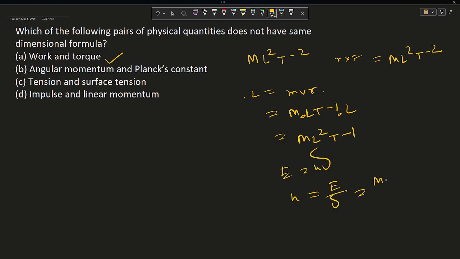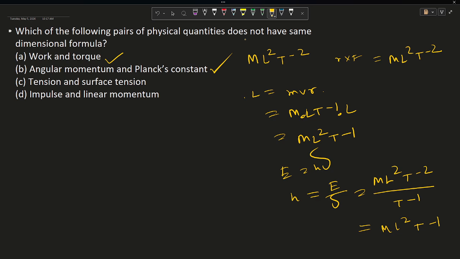The dimension of energy is ML²T⁻² and frequency means 1 by time period, so it will be T⁻¹. So ML²T⁻¹. So angular momentum and Planck constant both have the same dimensional formula. So that is also correct.